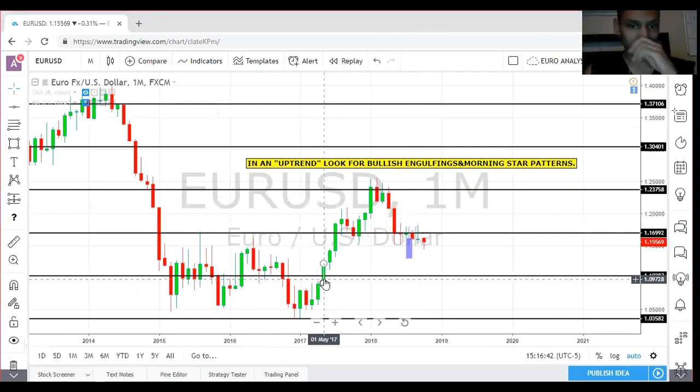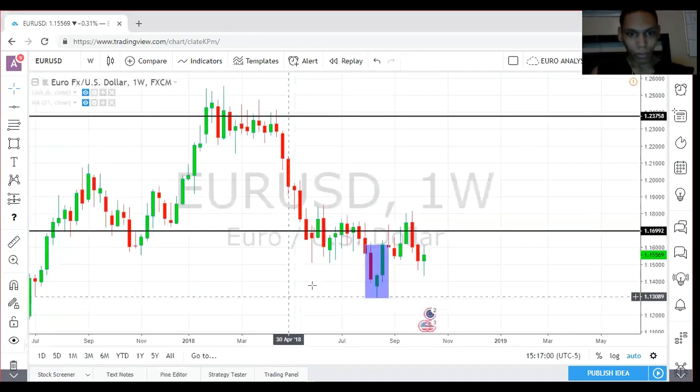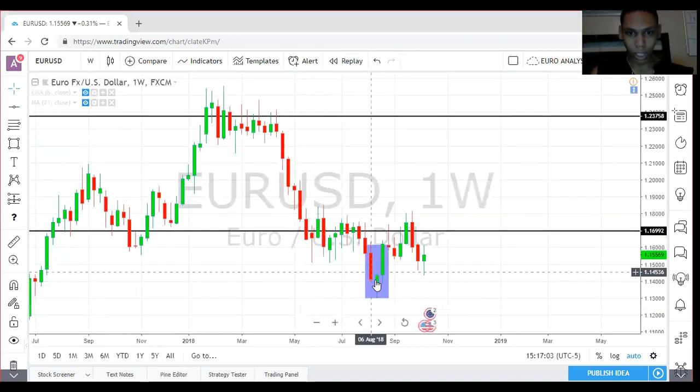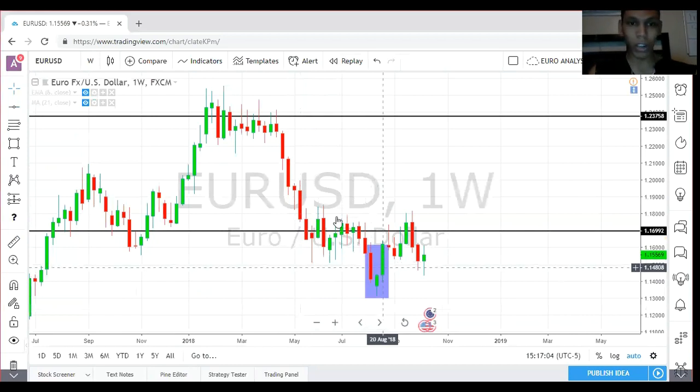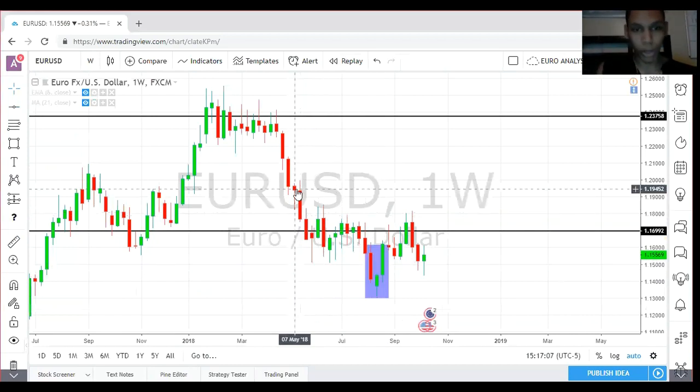Each candlestick on each chart time frame is one interval of that time frame. So on a monthly chart, one bullish candle equals 1 month. On a daily chart, one bullish candle equals 1 day on the market. Weekly is 1 week, that's 2 weeks, that's 3 weeks. You get it? Okay, there you go. If you don't get it, you can rewatch the video.